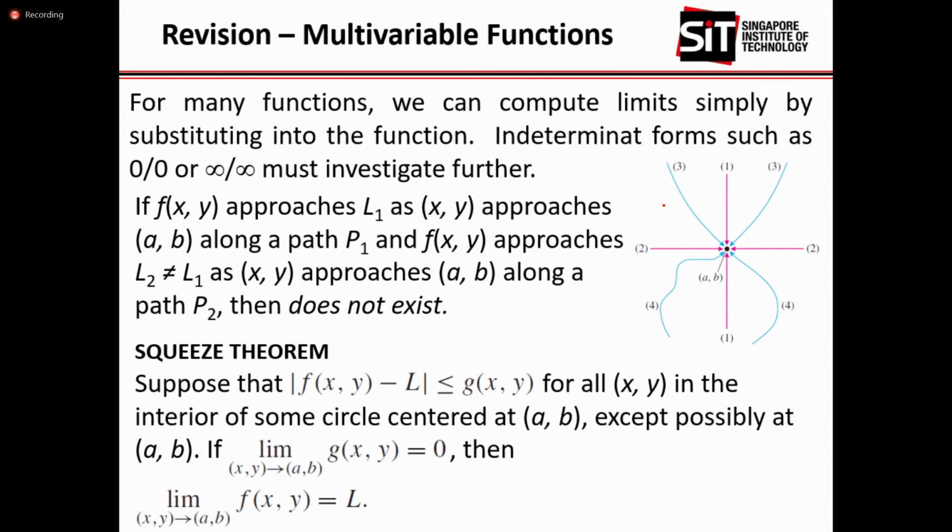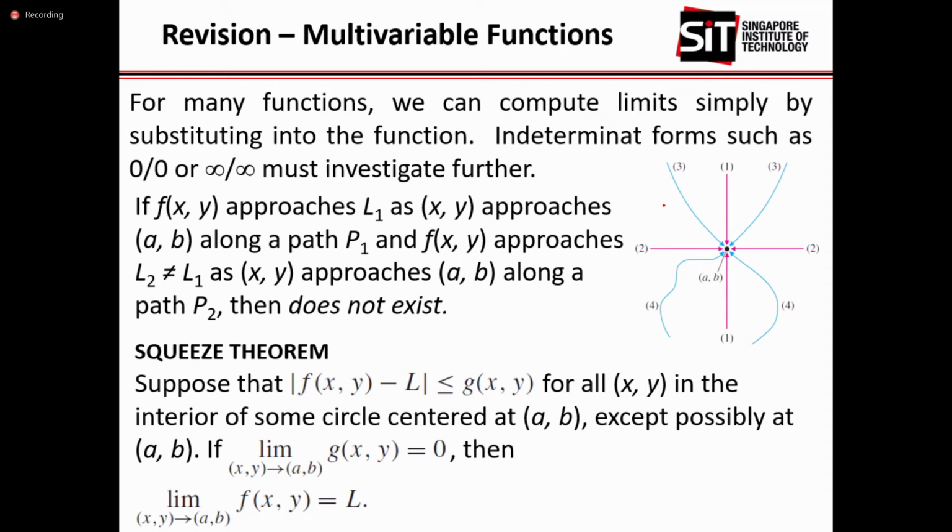However, we are unable to prove this mathematically by approaching the point (a, b) from any possible path, since there are an infinite number of paths. So to solve this, we have to use the squeeze theorem.